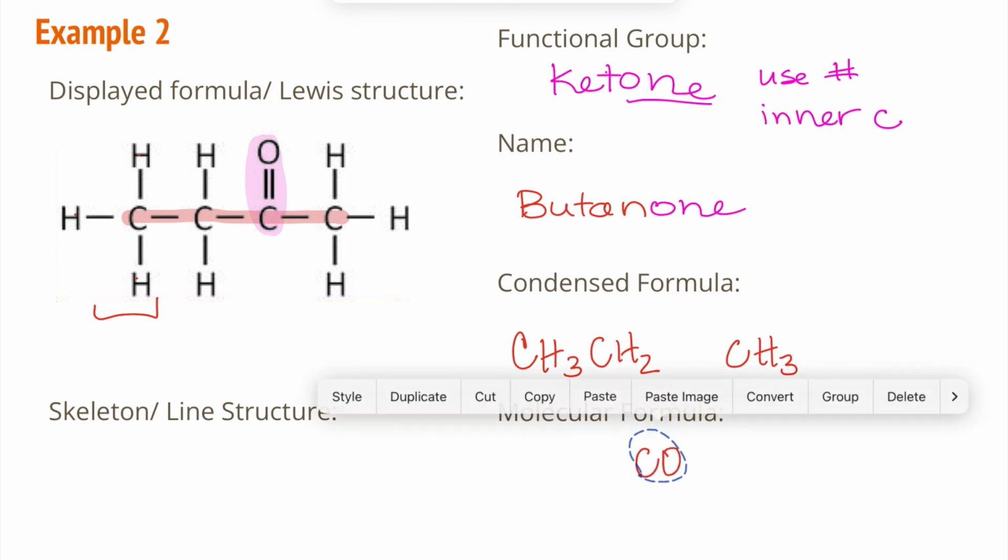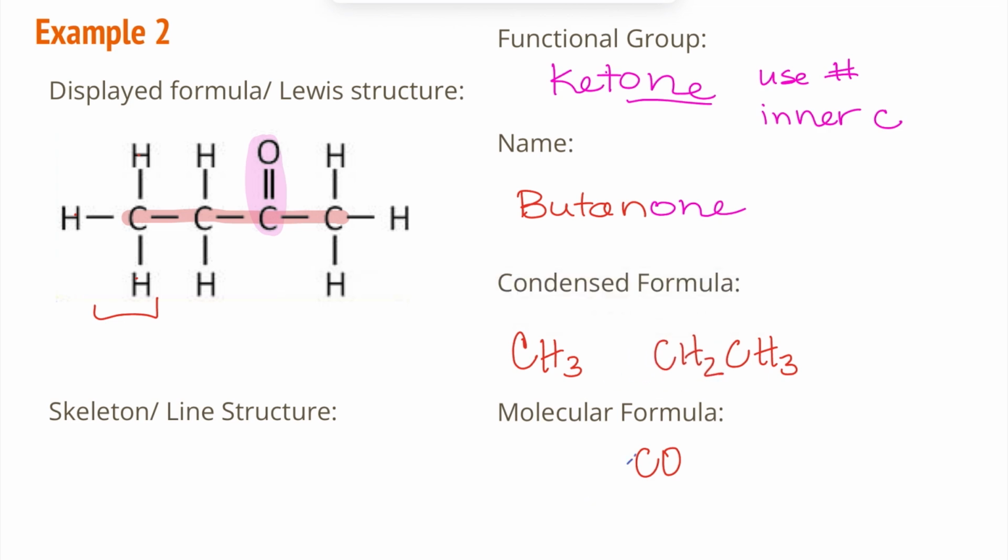That would also be fine as well. Writing our molecular formula, that is just going to be the molecule. What is the tally of parts, everything we have? We have 4 carbons. I have 1, 2, 3, 4, 5, 6, 7, 8 hydrogens. And then I list my oxygen last.